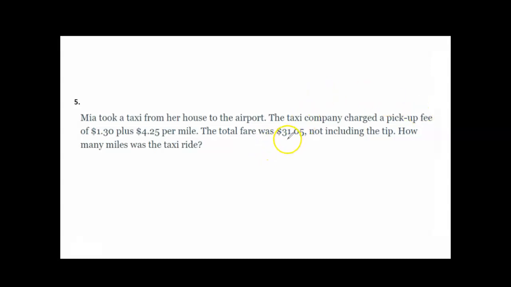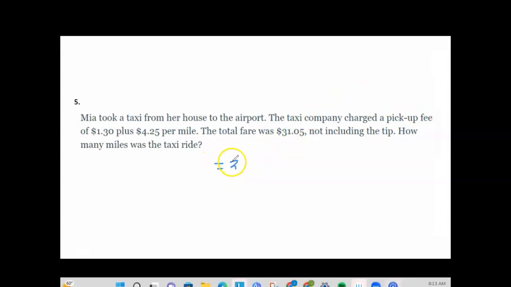Well, the equal to is our $31.05. Let's see, it was $4.25 per mile. So 4.25. Do they tell us a variable this time? I don't see one. So we'll use M for miles. Plus the cost to start was $1.30. Just to get in the cab was $1.30. So subtract $1.30.